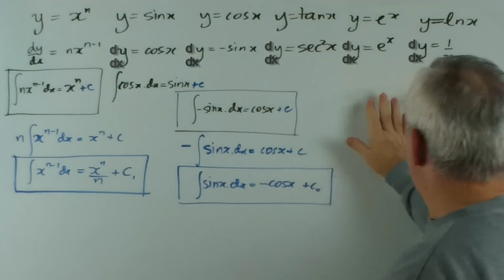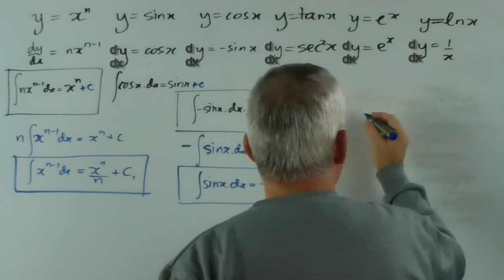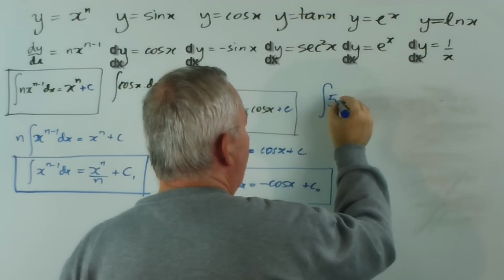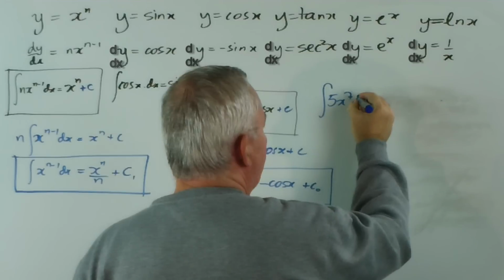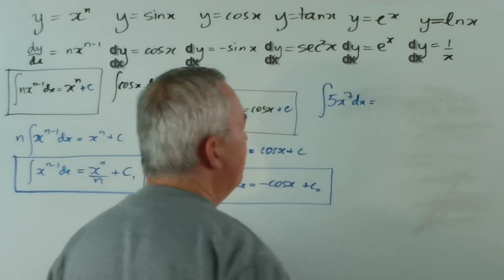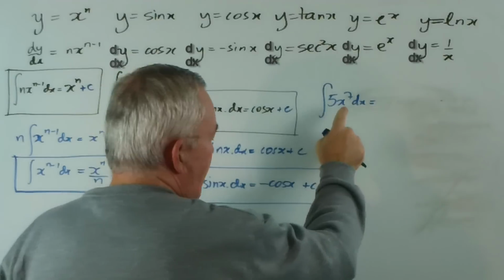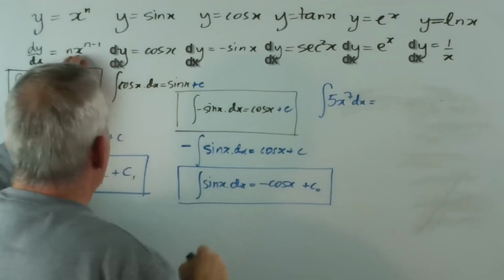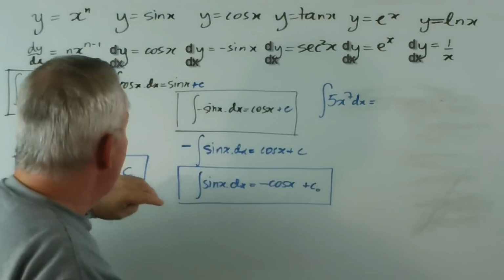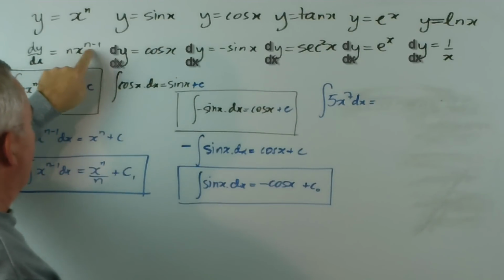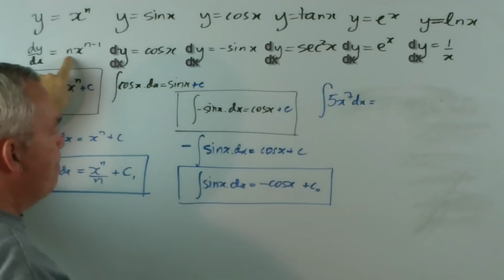Actually, I'll do it in blue over here. Let's imagine that I'm integrating 5x to the 7 dx. Now this does not conform to the standard basic pattern. If I had a power of 7 here, that's one less than this, so this would be an 8.